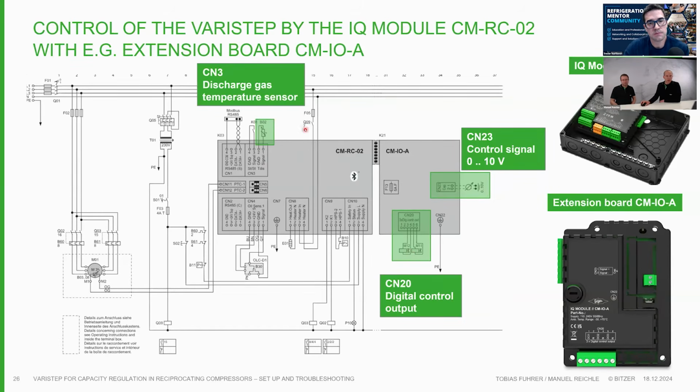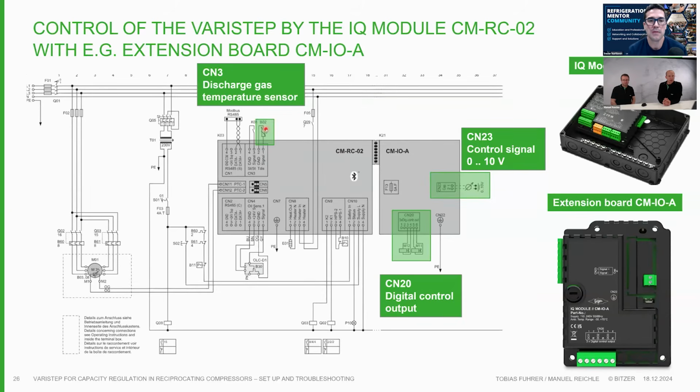And to monitor and supervise the discharge gas temperature, there is a connection possible to integrate the discharge gas temperature. And also, as you mentioned earlier, when you turn down the capacity too much and the mass flow rate drops, at some point motor cooling could become a topic, right?